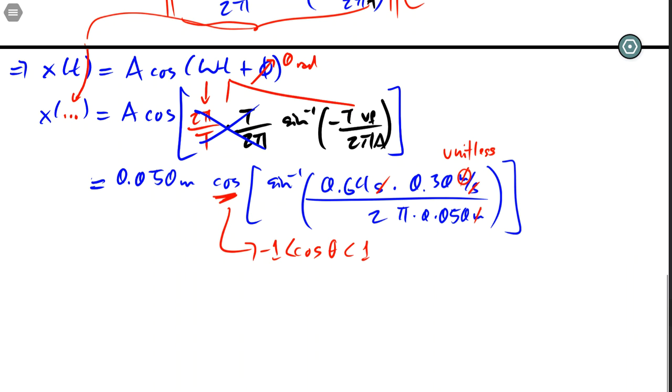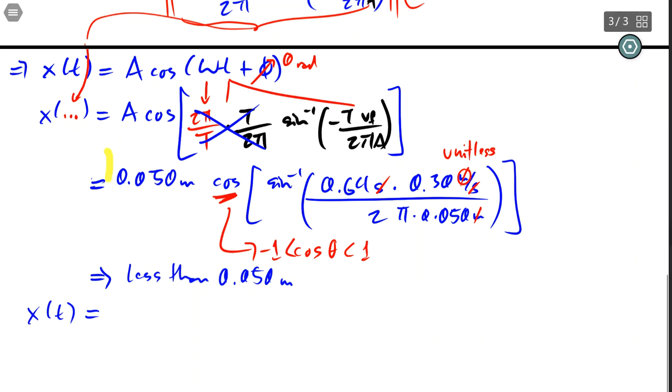So I know that the answer I should get somehow should be less than that number. Now I already know the answer is 0.41, but you can pause if you want and plug all of this in your calculator.